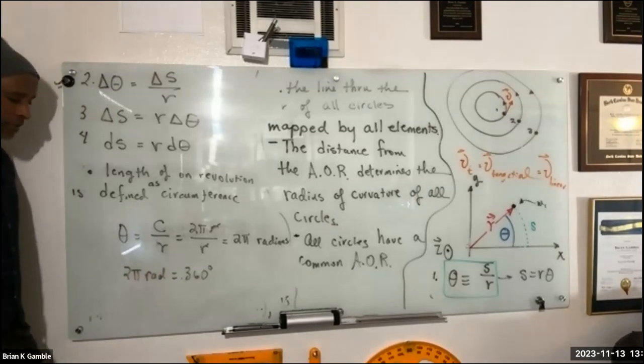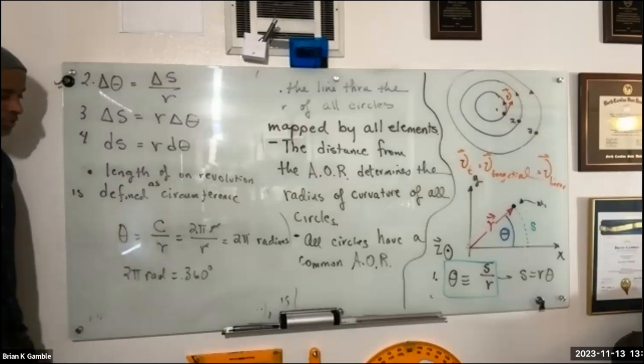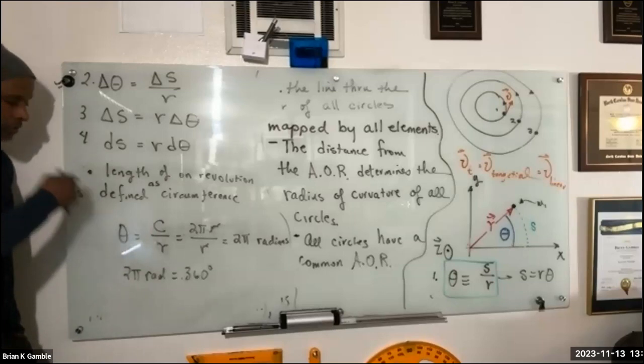Half a circle is pi radians, which is 180 degrees. A quarter is 1/4 of 2 pi, which is pi over 2, and that equals 90 degrees. It's established essentially by the unit circle.